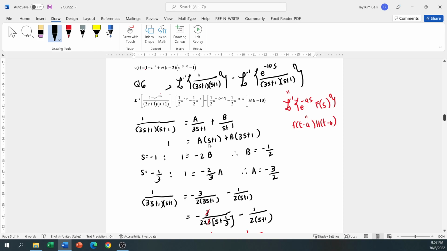When s is negative 1, this one is negative 3 plus 1, which is negative 2b, that's why b is negative half. Correct.